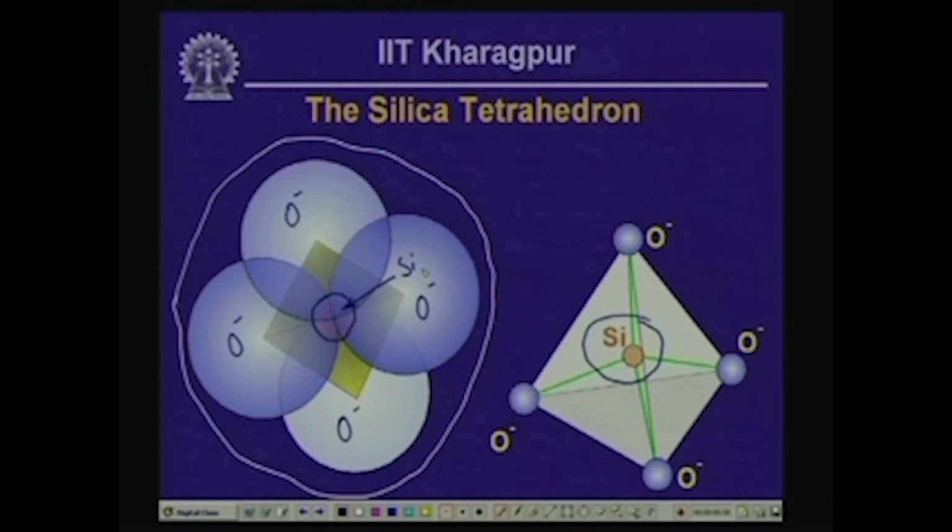This is the same thing, I mean the structure of this one is the same as the tetrahedron, but I just changed the relative size of the ions here on the right, because it is difficult to comprehend the exact look of the tetrahedra from the figure on the left, but the figure on the left gives you an idea about the relative size of the silicon atom and oxygen atoms.